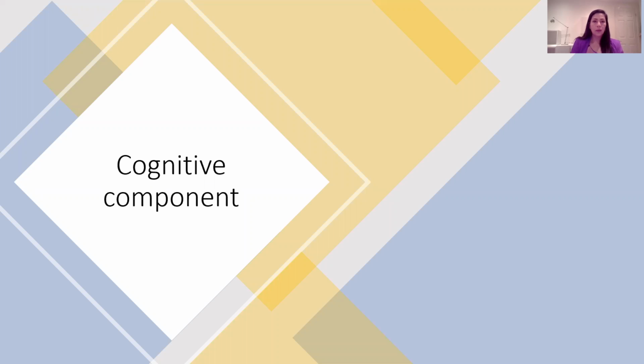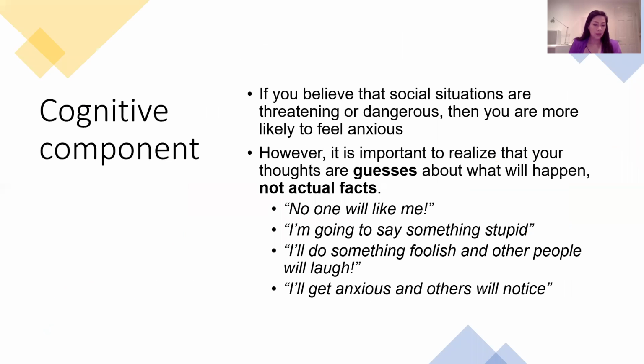Then we move on to the cognitive component, to address some of the negative talk that is maintaining the social anxiety, and the self-awareness and self-consciousness thoughts. How can we do that? By engaging in some realistic thinking.